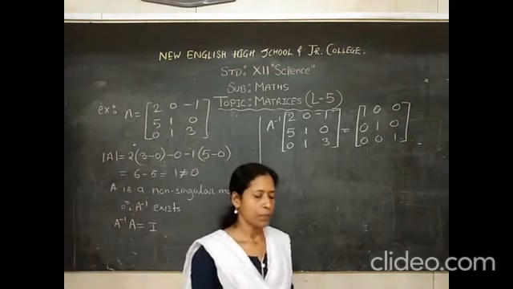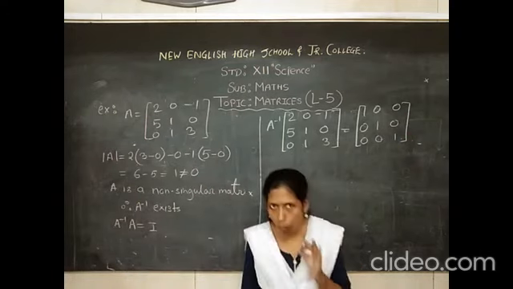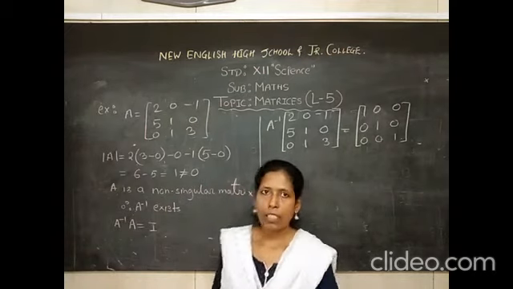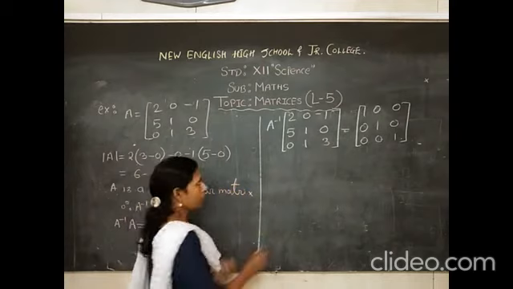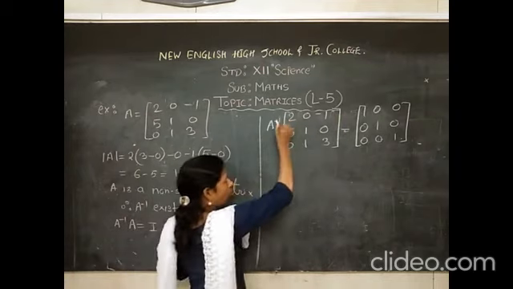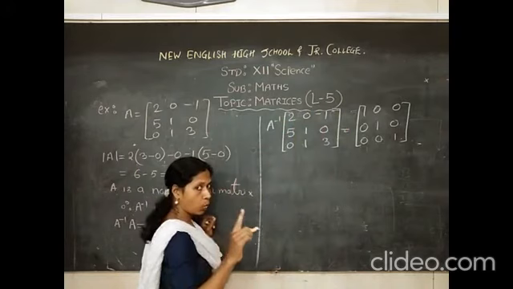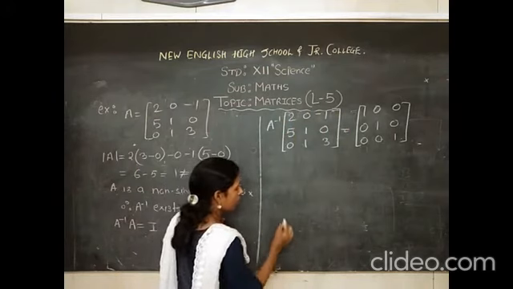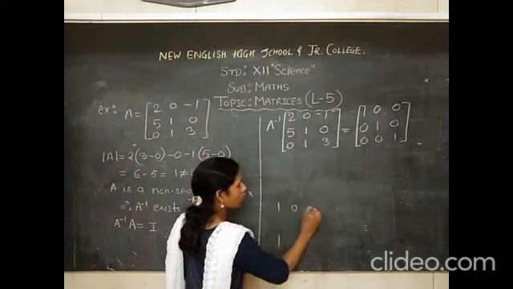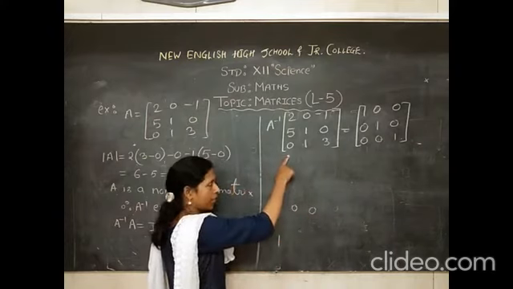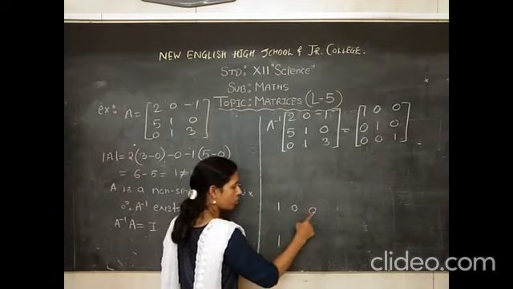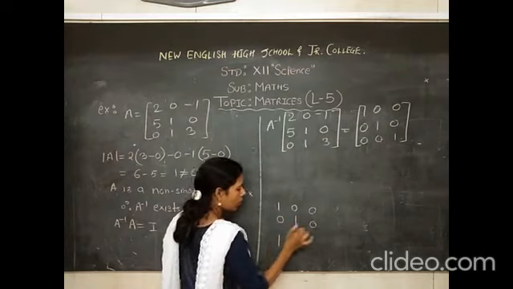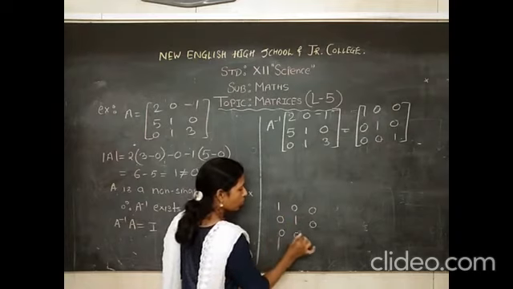Now we are finding the inverse of the matrix using column transformation. In this, we will first make the first row 1 0 0. We want to make it identity. First row we will make 1 0 0, then second row 0 1 0, then third row 0 0 1.